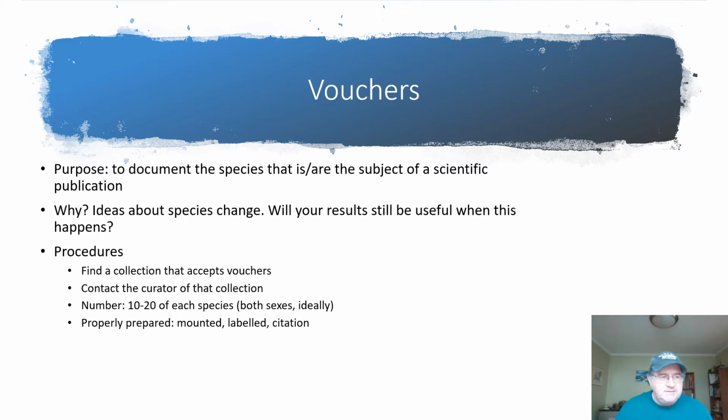there's the distinct possibility that as time passes, that when you did your research on species A, as time passes and we learn more, we may discover that species A is actually not one species, but is actually 2, 3, 4 species.